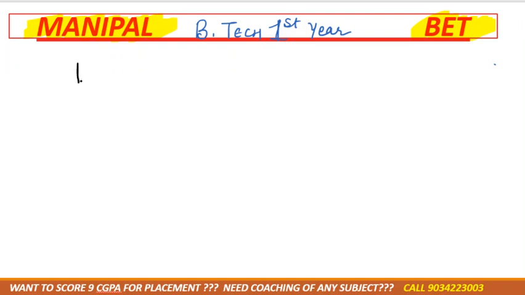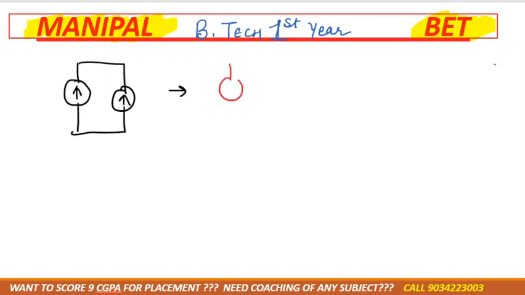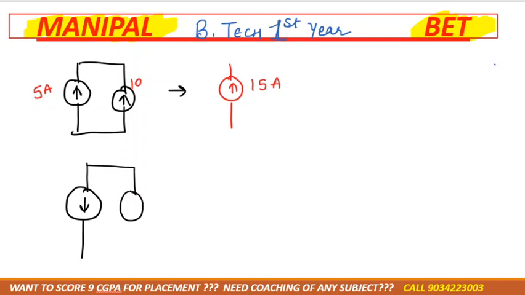In this, one thing you also need to keep in mind is that if two current sources are connected in parallel and they are in the same direction, okay, then in that case we'll add them with each other because they are moving in the same direction. 5 ampere plus 10 ampere, it will become 15 ampere. Similarly, current sources are subtracted if they are in the opposite direction.